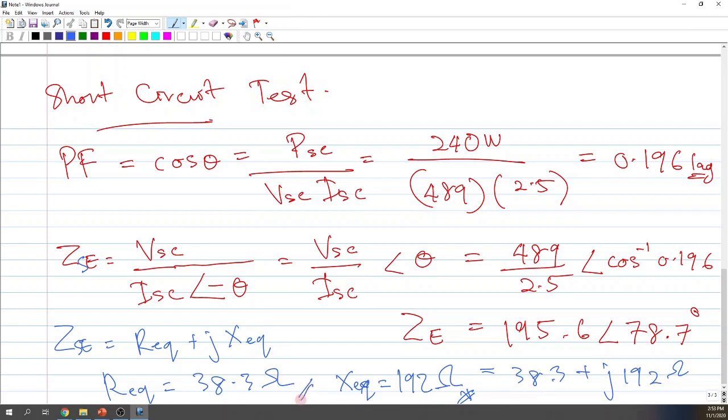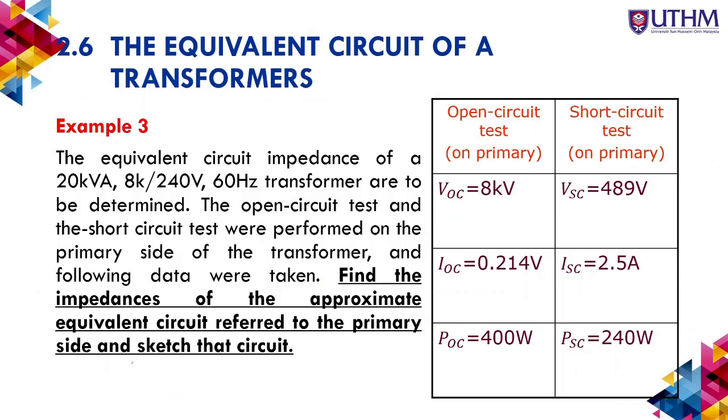Okay, at last dia minta kita untuk, I think, lukiskan. Dia minta kita untuk lukis, betul kan? And following data taken, and sketch that circuit.